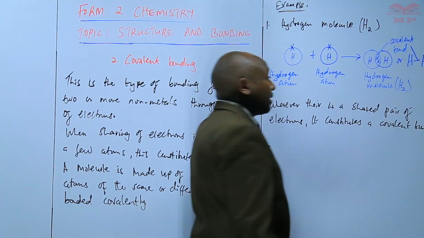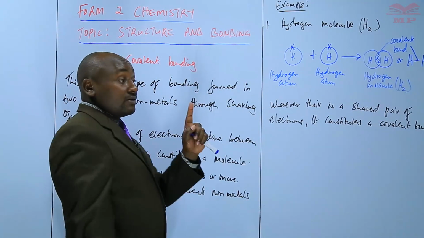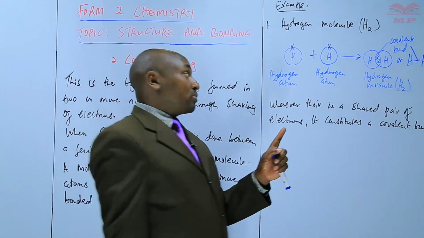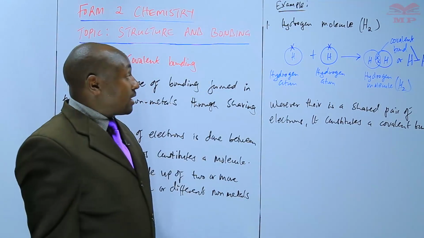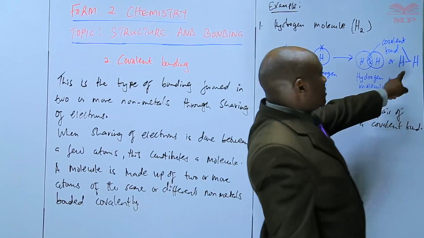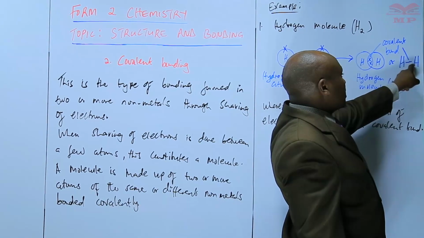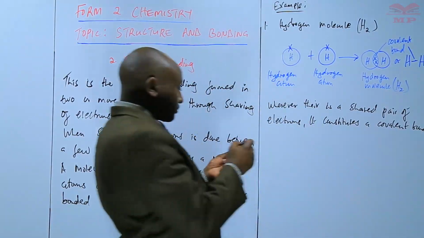If there is only one pair, that's one covalent bond. If there are 2 pairs, those are 2 covalent bonds. So here, there is only one pair of electrons, and that is what we are indicating as a covalent bond here between a hydrogen and another hydrogen.